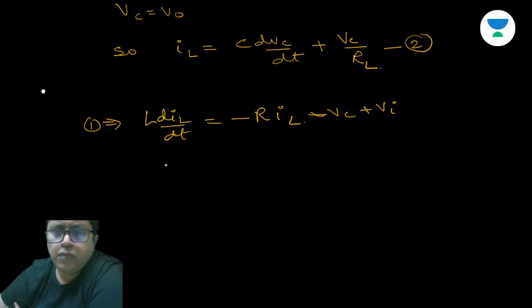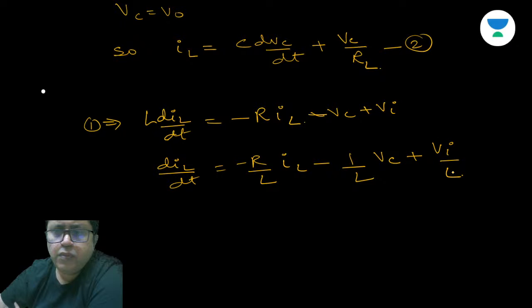Okay, so dIL by dt is equal to minus R by L IL minus 1 by L Vc plus Vi by L.